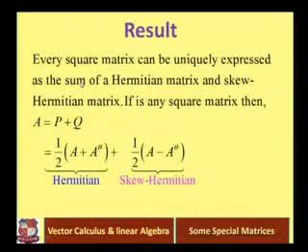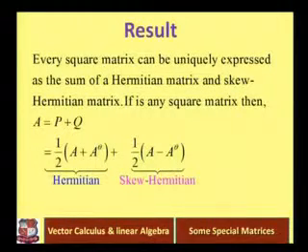Let us discuss one interesting example. Every square matrix can be uniquely expressed as the sum of a Hermitian matrix and a skew Hermitian matrix. For that, we take a matrix A equal to P plus Q, where P is 1/2 of A plus A theta and Q is 1/2 of A minus A theta.